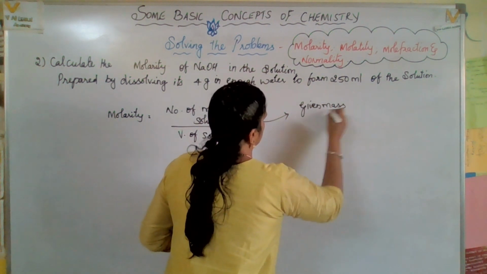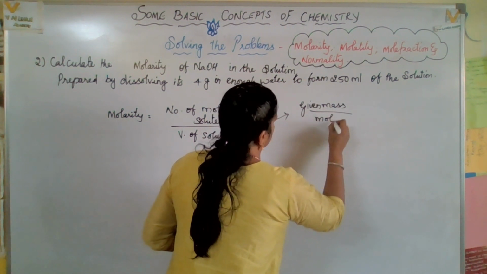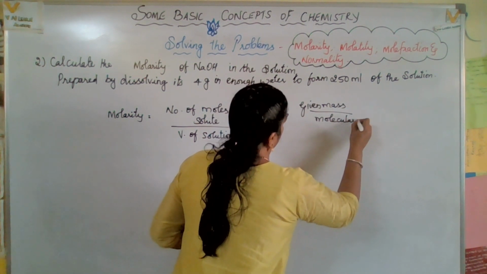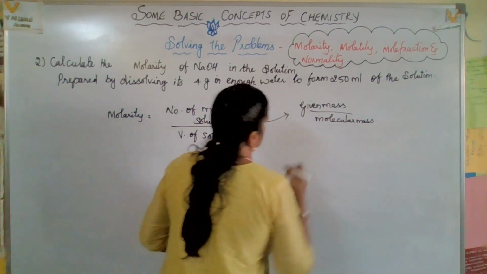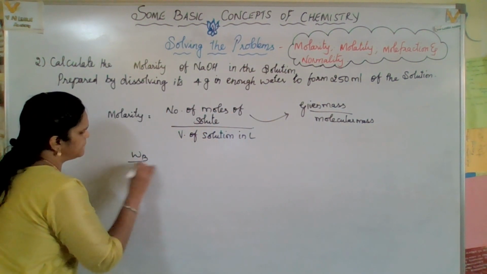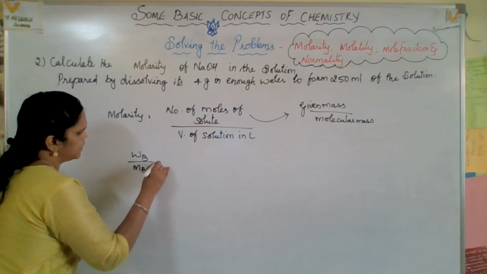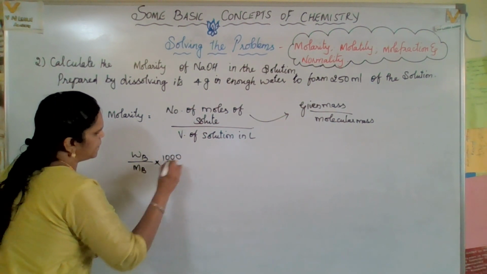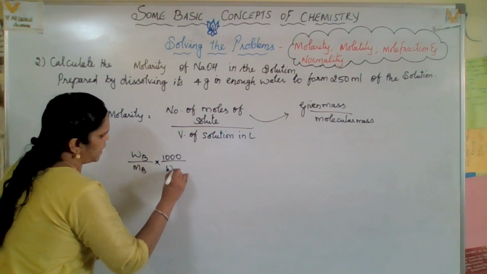Now number of moles, what is it? Given mass by molecular mass. So let us write it this way: WB by MB into 1000 by WA.